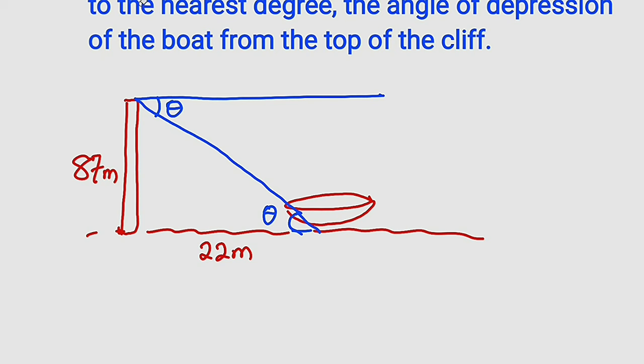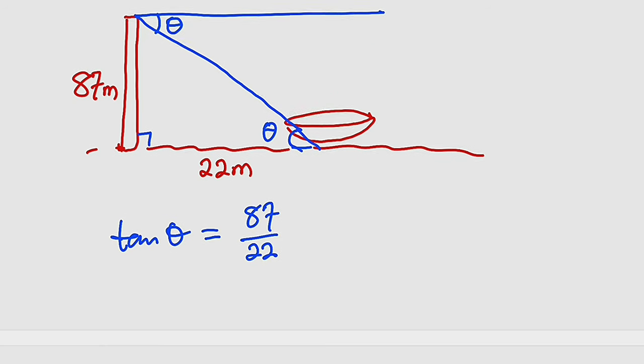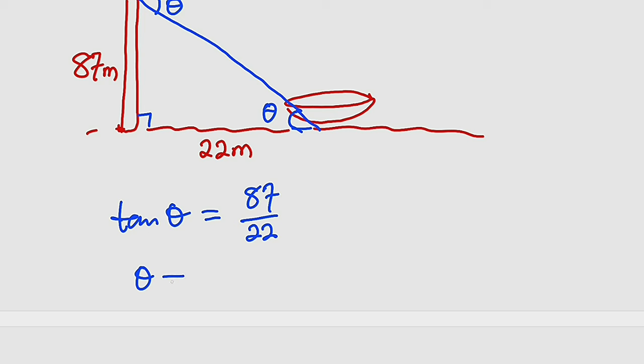All right, so what is the relationship between this value, this, and theta? Remember that this is a right angle. This is the opposite side, and this is the adjacent side. Therefore, we have to use tangent. So tangent of theta is equal to opposite divided by the adjacent. And to find theta, we can take tan inverse of both sides.